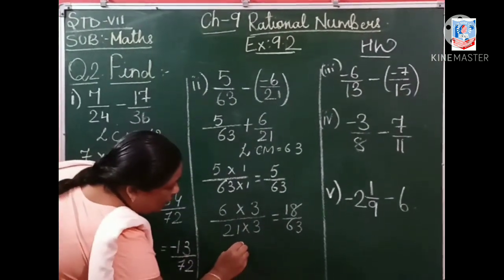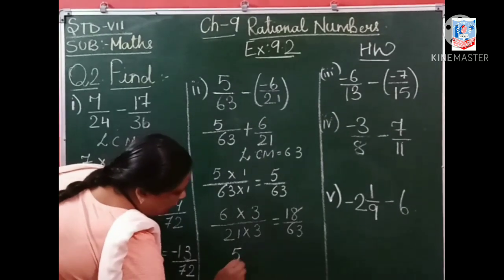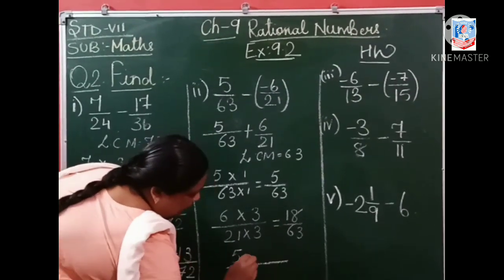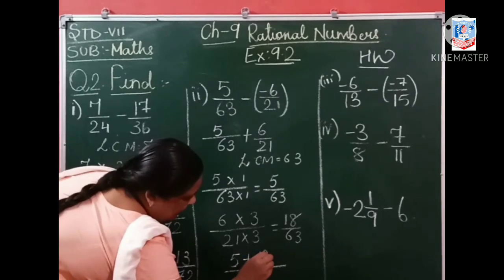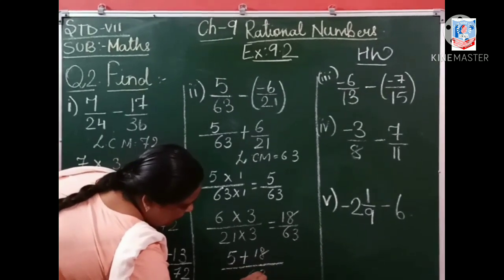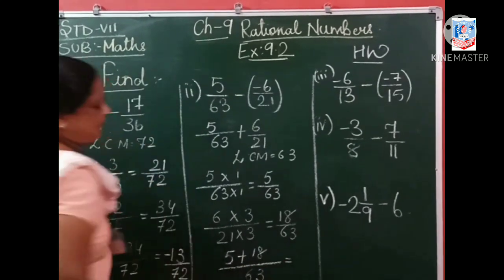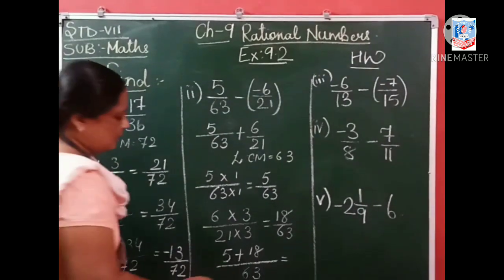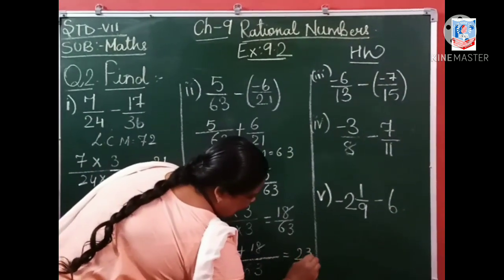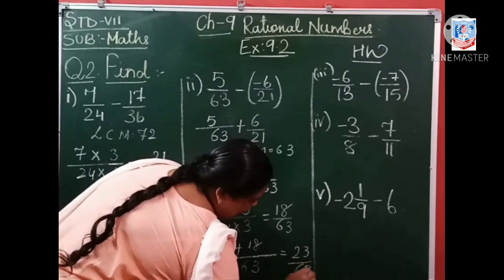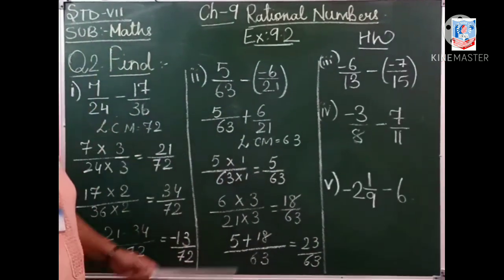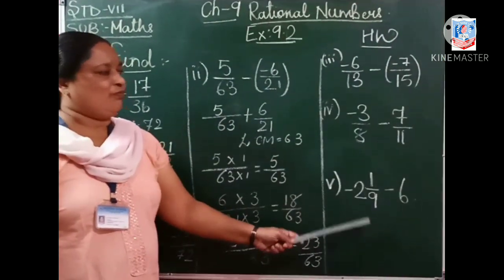So 5 plus 18 by 63. So 23 by 63 is your answer. Now this is your homework.